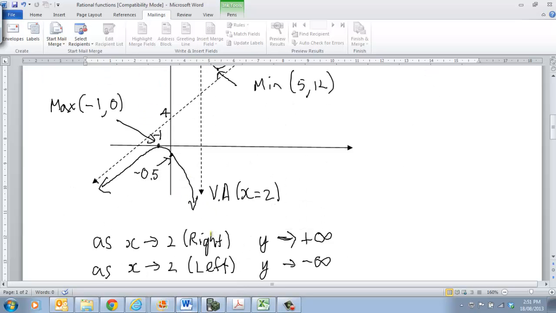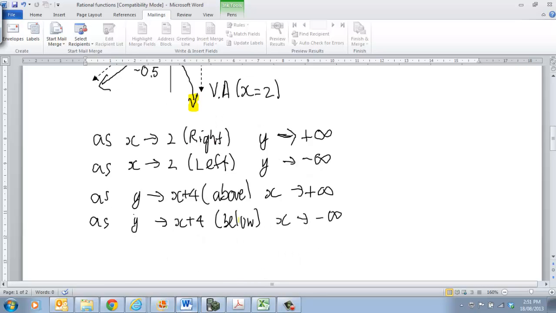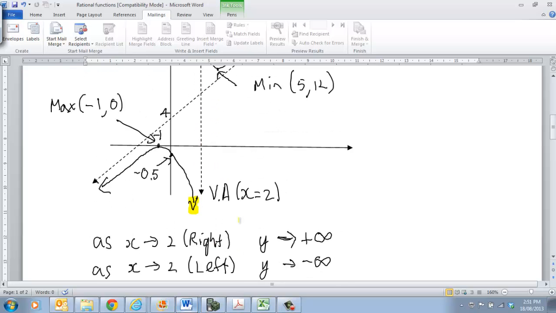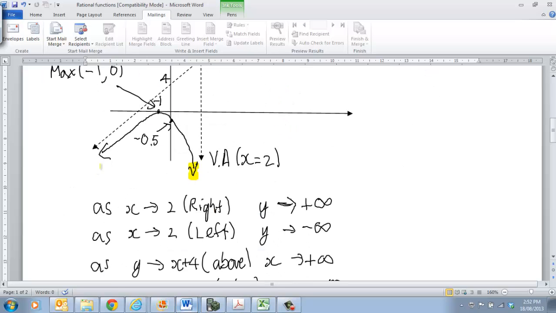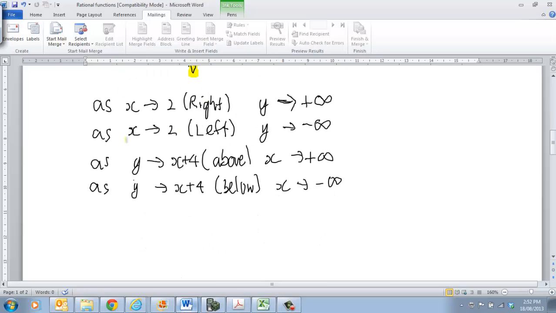As it goes from the left hand side, you can see this going off to negative infinity. So that matches my graph and what I'm expecting to see. For this line here, as it goes from above, you can see this function's going off to positive infinity, and as it's going from below, it's going off to negative infinity. So that's matching with what I'm expecting to see with my rational function.